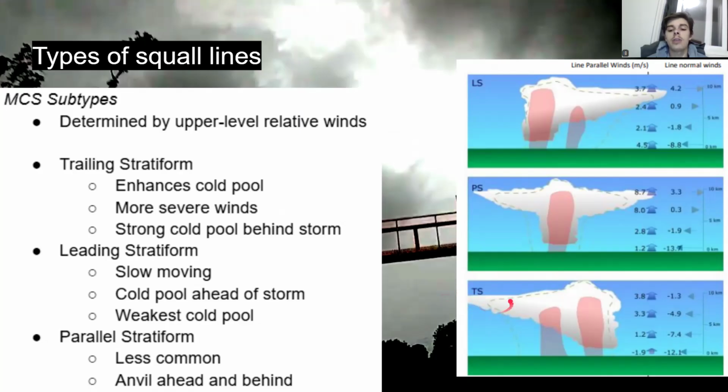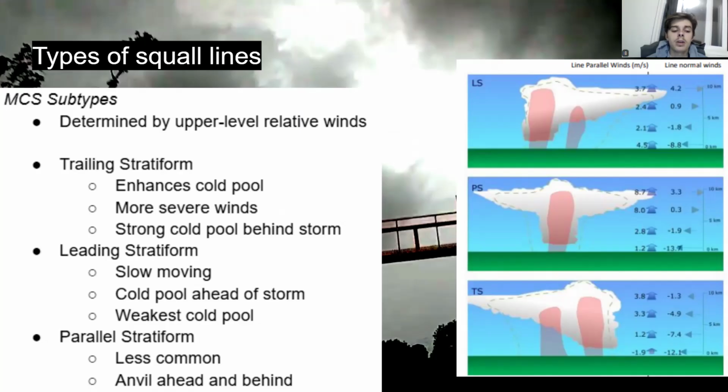So you can see this is the anvil that's sticking out. And the storm, you can see, is headed in this direction. Now, the cold pool is enhanced, and there is more severe winds in this case.